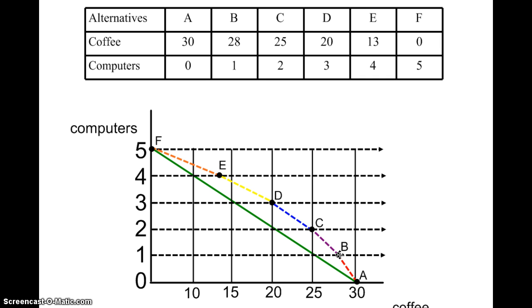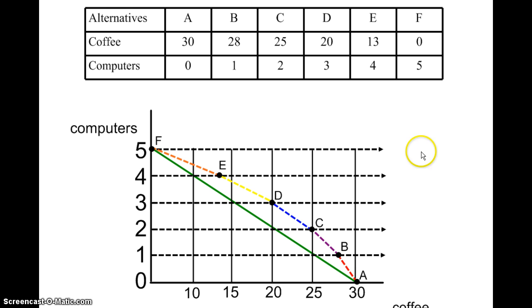But if we were moving from point B to point A, of course, we would be calculating the slope. But it is a constant change between A and B. So we're going to assume that if we only added, say, half a computer, we would just move halfway along this line, and we would have the exact same opportunity cost.